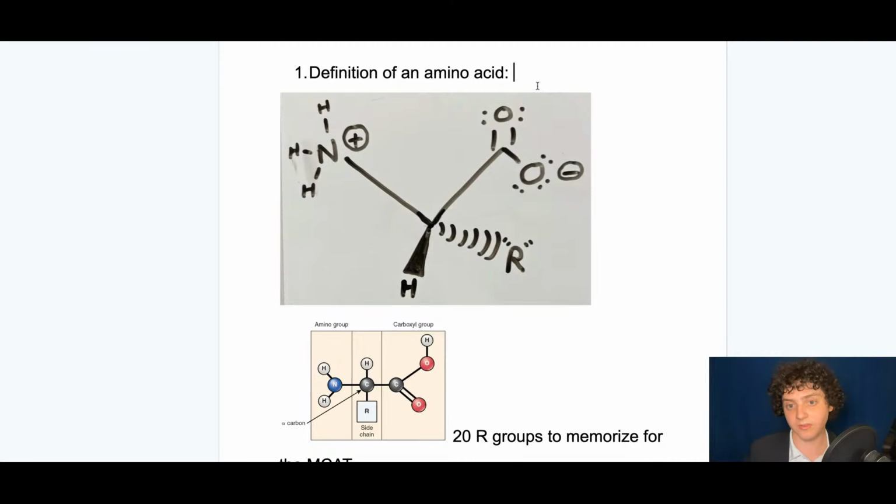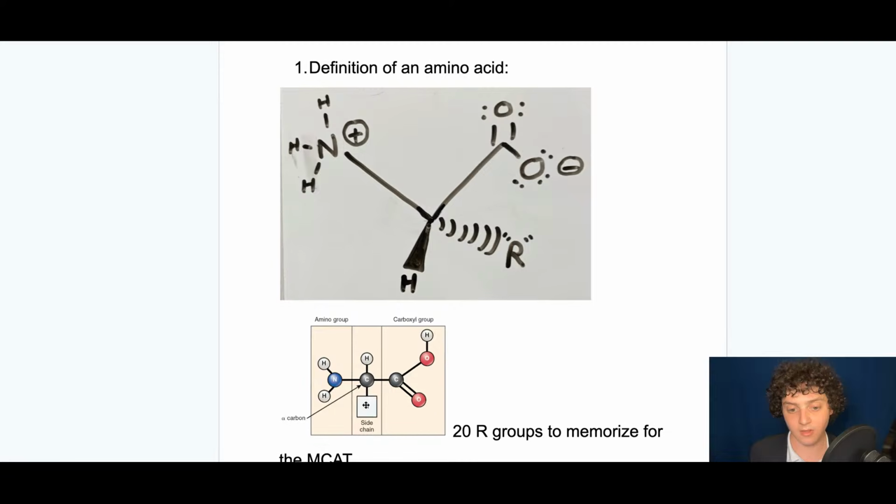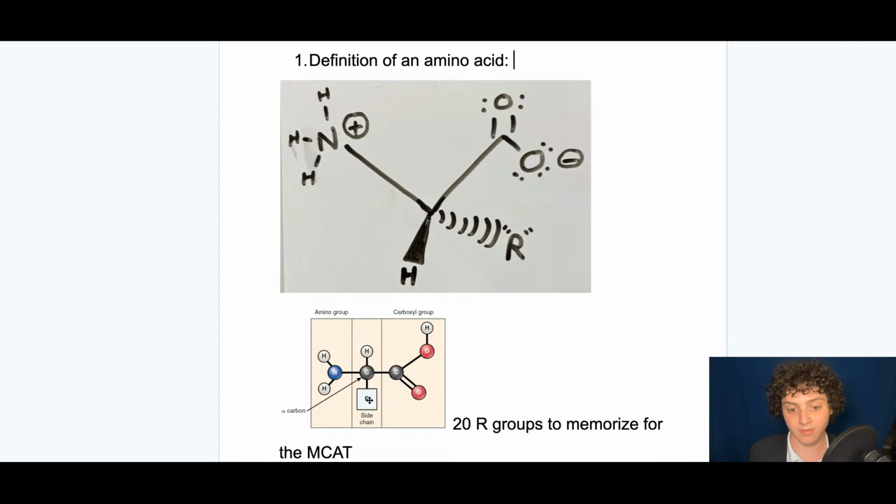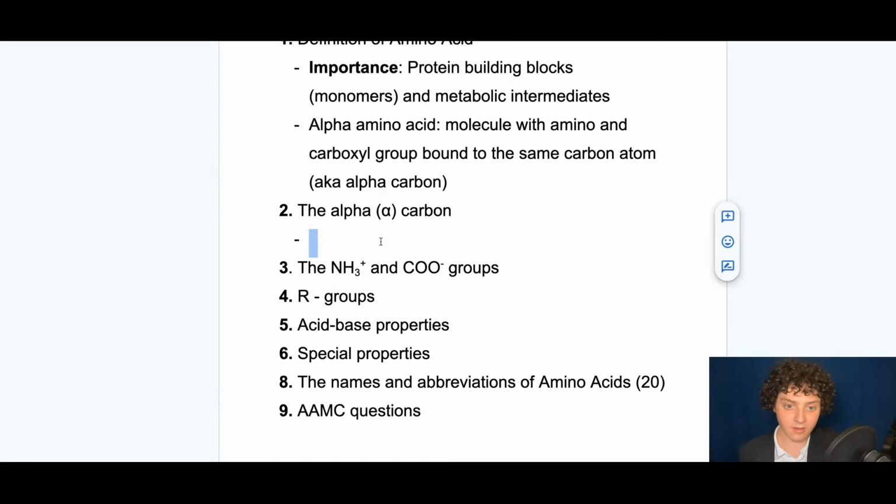But when those are all different from each other, so let's say this R group was a CH2CH3 chain, carbon 2 hydrogens, carbon 3 hydrogens, that would mean that the carbon in the middle here, the alpha carbon, is bound to 4 different groups. And when you have a carbon atom bound to 4 different groups, it is what we call a chiral carbon. So the alpha carbon is a chiral carbon.